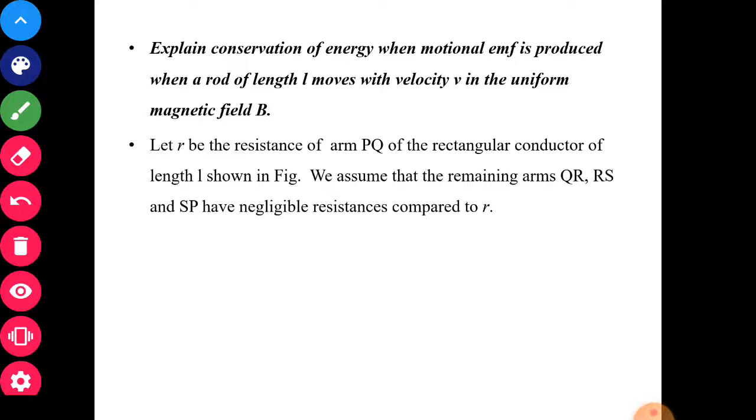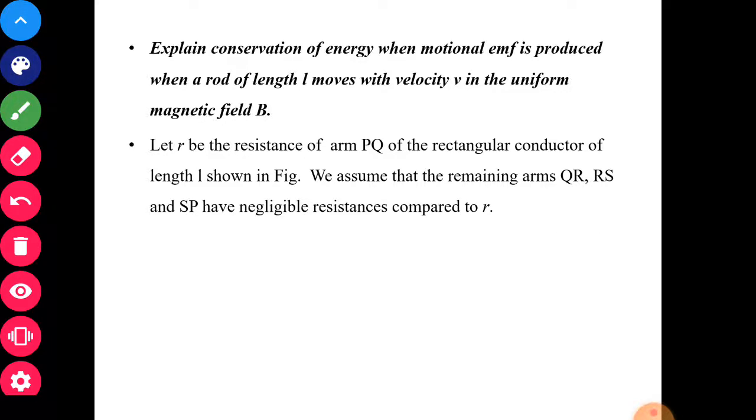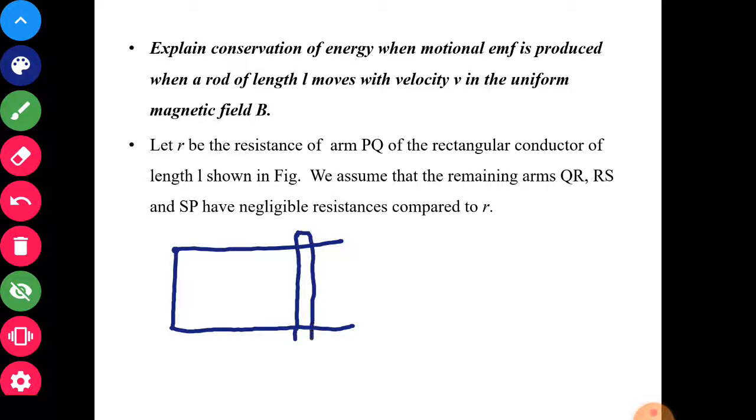Try to understand this part. We are taking the resistance only of the PQ arm. So if you want to show it like this, this is the U-shaped conducting frame, and this is the PQ arm.